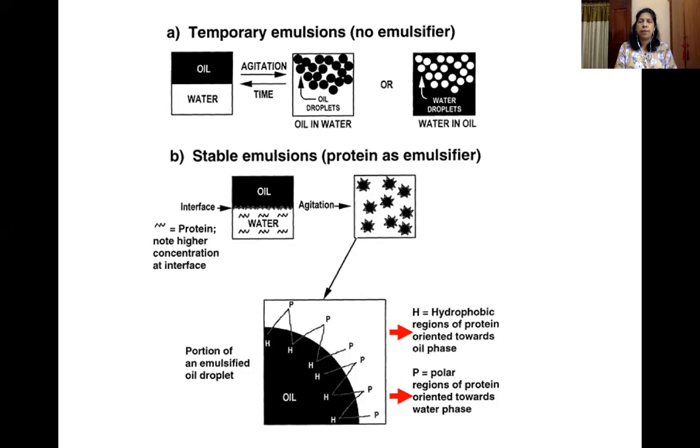Therefore they are trapped to each other. The dispersed system is very, very stable because of the protein.